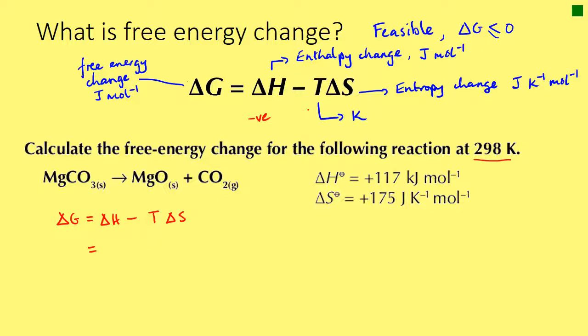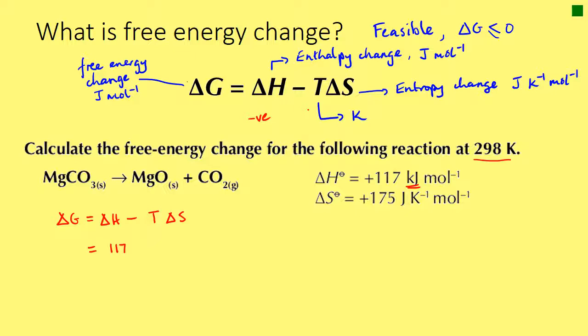So we're just going to feed in our values. Our enthalpy change is 117. But let me highlight this. Our enthalpy change, as is quite common, is given in kilojoules. But we need to use the same units throughout this equation.